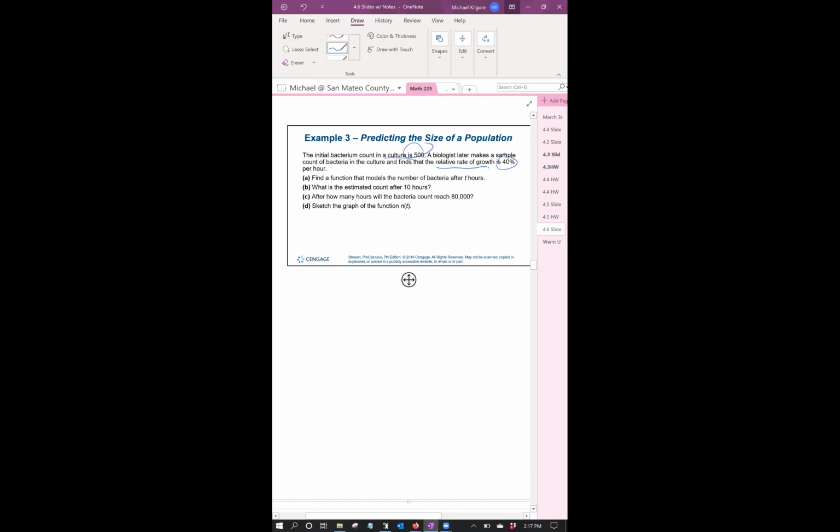See the keyword relative growth rate? That tells me it's going to look like N of t equals my initial value times e to the rt. This is the same thing as y equals a times e to the kt. It's all the same. It's not about the specific letters like n or r; it's all about the relationship between them. e is that special number, 2.7, the natural base.